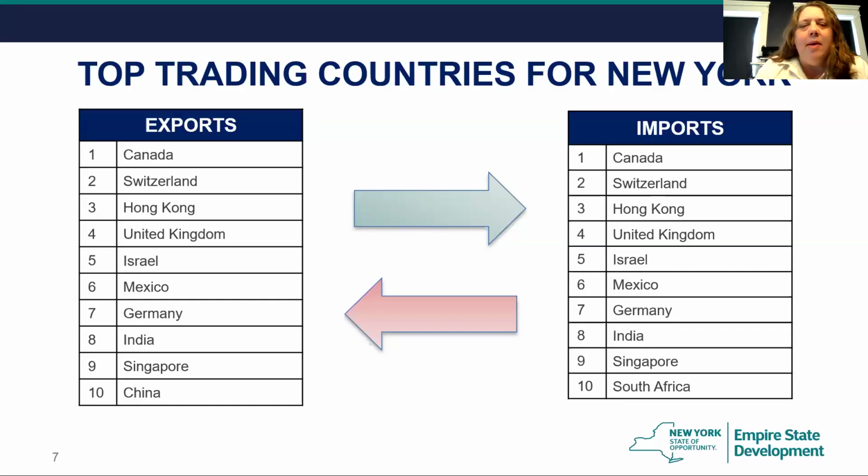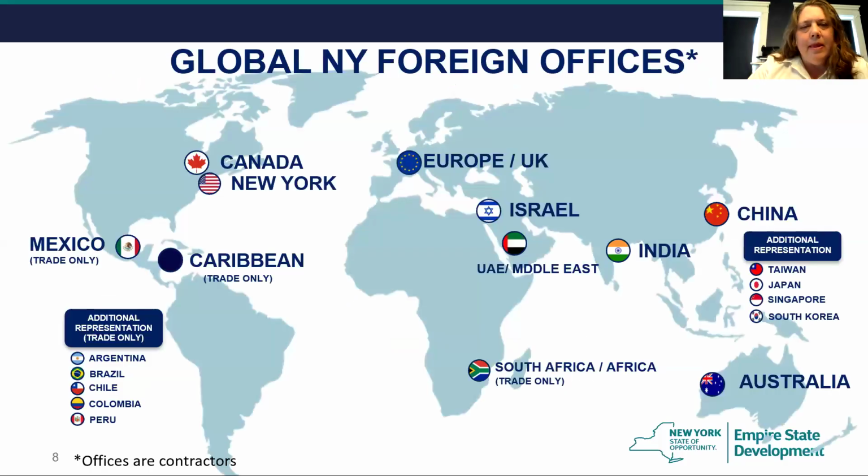A lot of that business happens in that market. Mexico, our other North American trading partner, is steady in the middle, a little bit up and down over the years, but is definitely a great partner. India and Singapore, similarly in Asia, leadership. And a new one for us is importing products from South Africa.